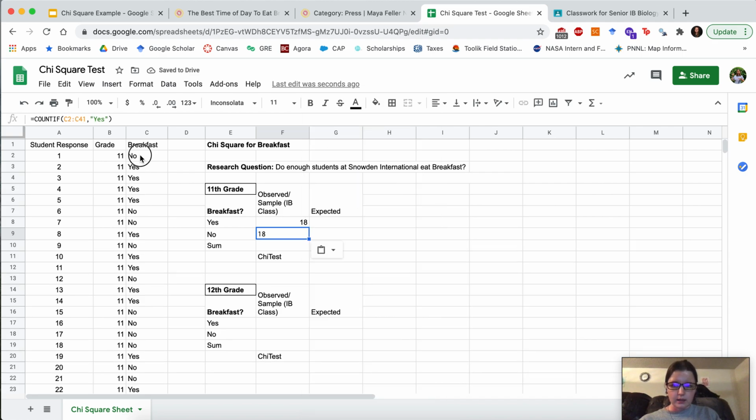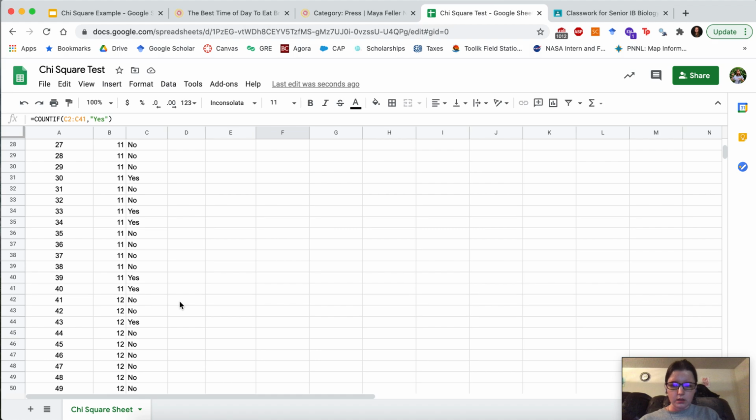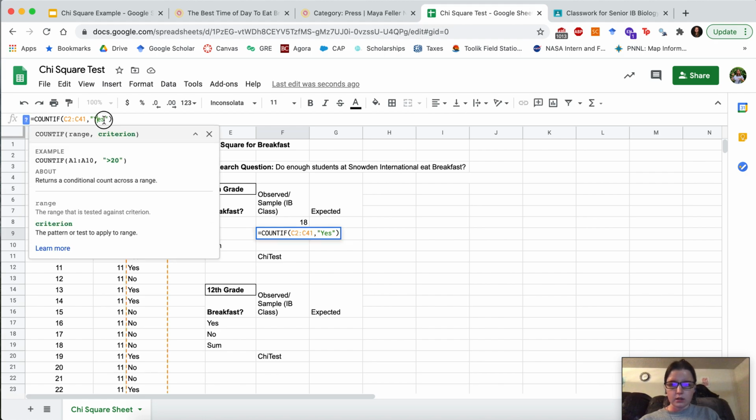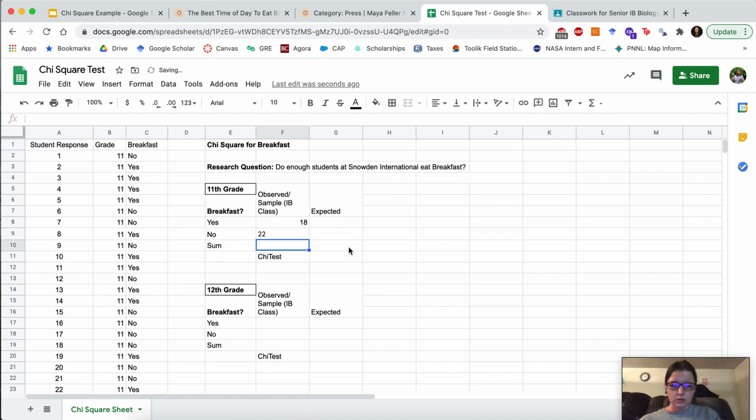And it does the same C2 to C41, which is where we ended for the 11th grade. And then instead of doing yes, I can edit my function up here, and I'll make it no. 22. Okay. So now we have our observed for the 11th grade.